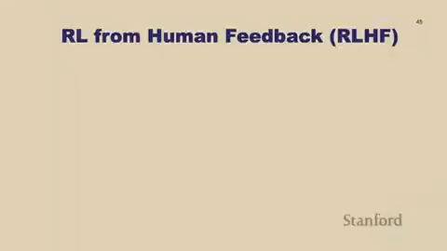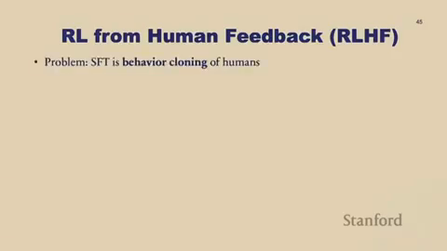Okay. The second part of this post-training is what we call reinforcement learning from human feedback, or RLHF. Some of you might have heard of that. The idea is that SFT has a problem, namely that you do behavioral cloning, which means you just try to clone what the humans would say. And that has many issues.